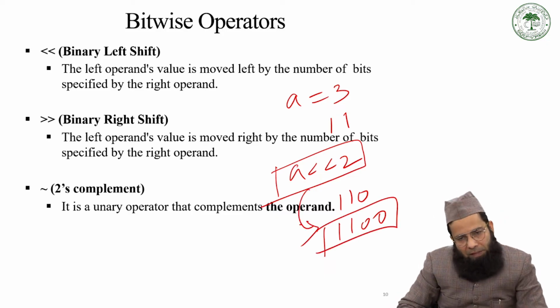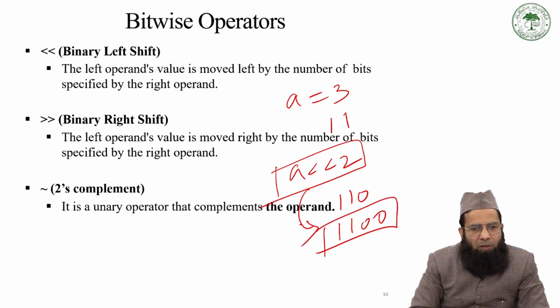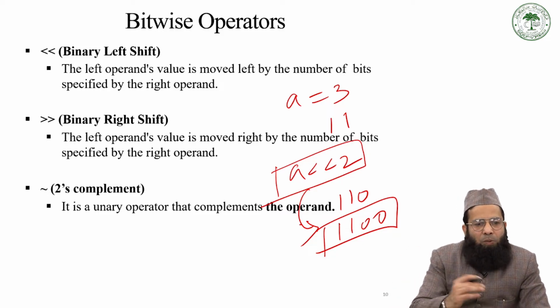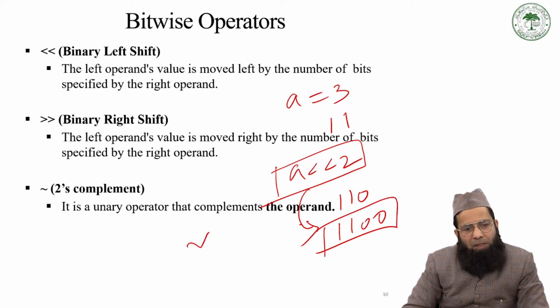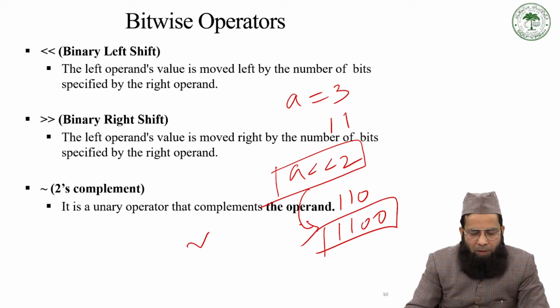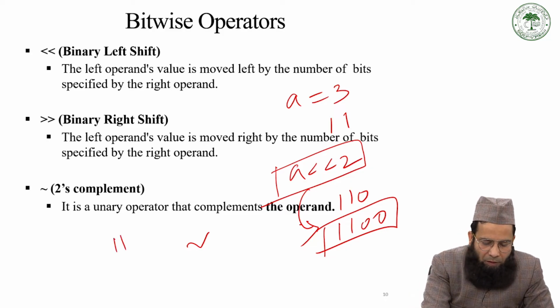Similarly, right shift is there, which will right shift the bits. And for two's complement, there is an operator. It is a unary operator. It complements the operand in two's complement format. Suppose 1 1 0 is there. How will it perform two's complement? First, the bits will be inverted, like 0 becomes 1, in one's complement.